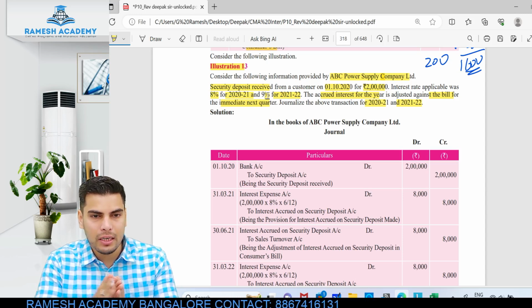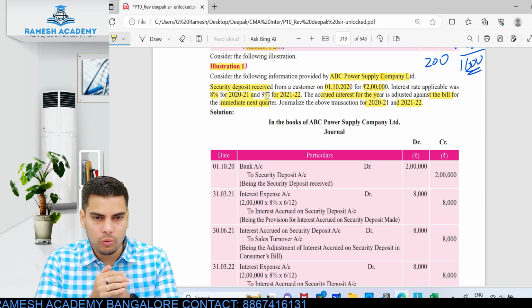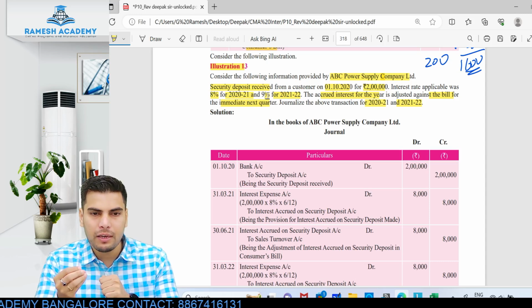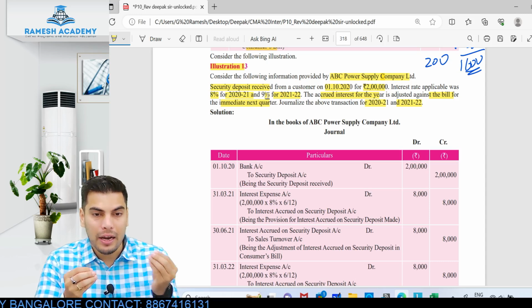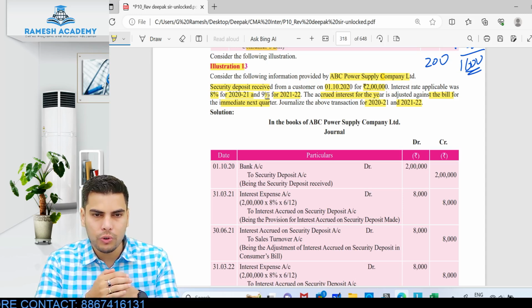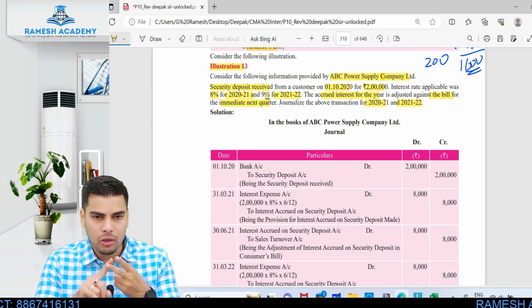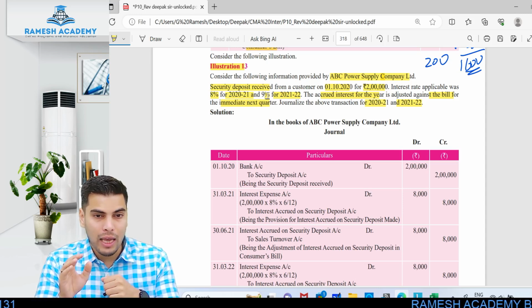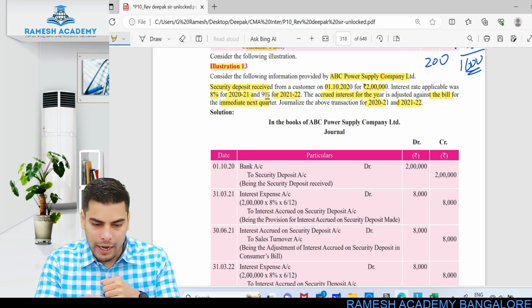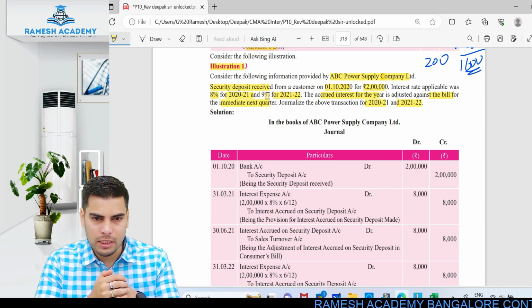Will you calculate for the entire year or only from October to March? You collected the security deposit on 1st October. So I calculate the interest from the day of collecting the security deposit till the day of closure. From October to March, that is October, November, December, January, February and March, equivalent to 6 months. You need to calculate this interest at the rate of 8% for a period of 6 months.